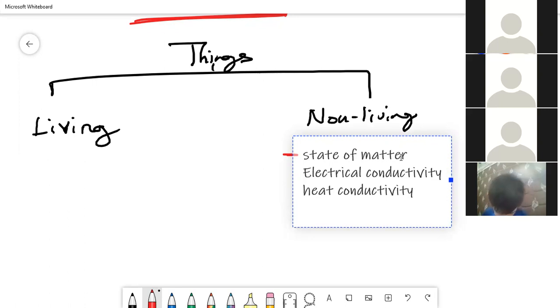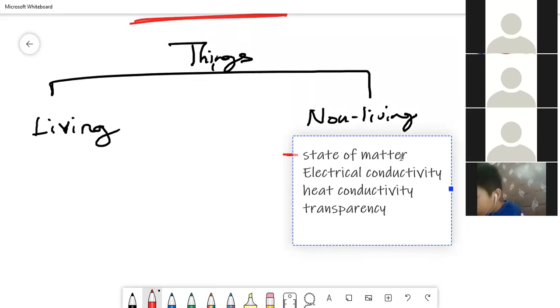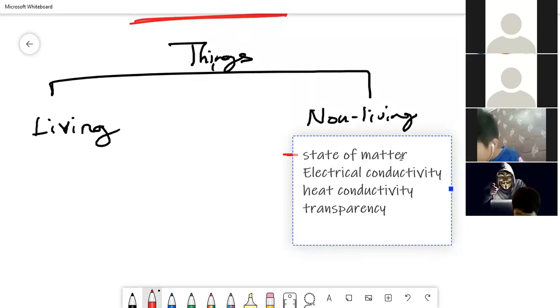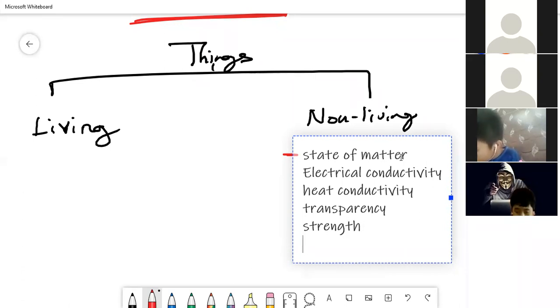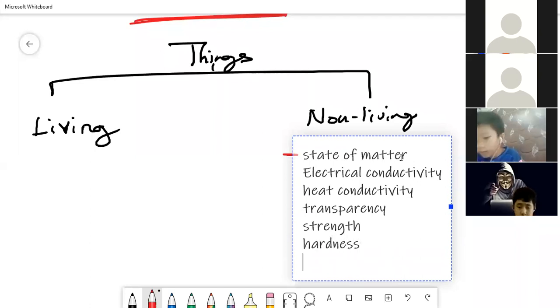Number 4, transparency. Who can remember transparent, translucent, and opaque? Strength. The transparent, the light can pass. Yes, very good, Lamon. Thank you. Transparent means the light can pass through.